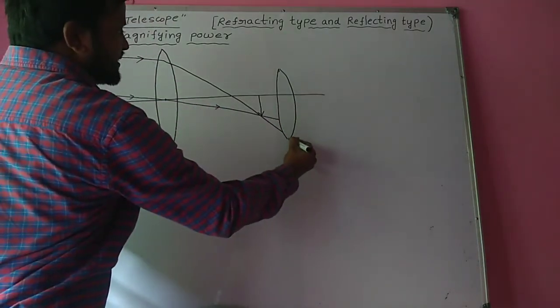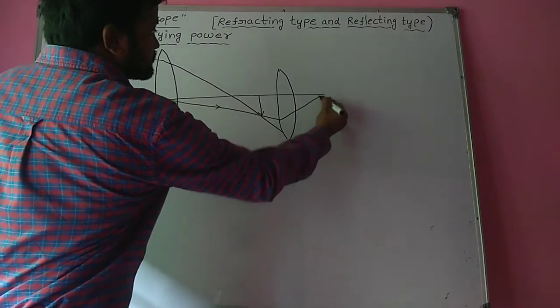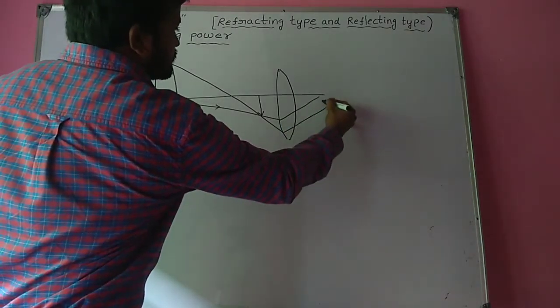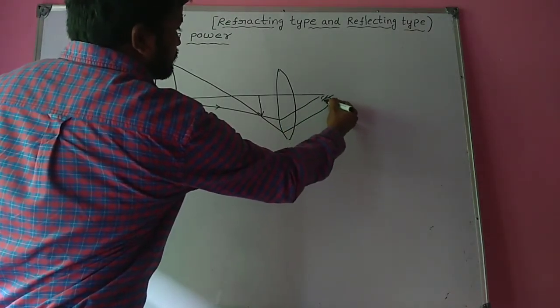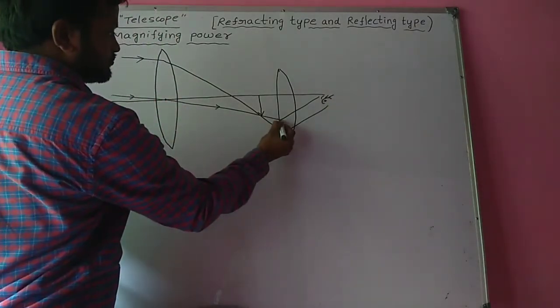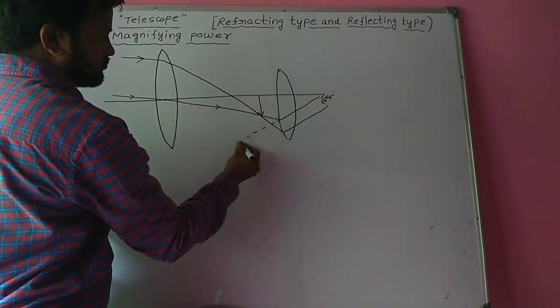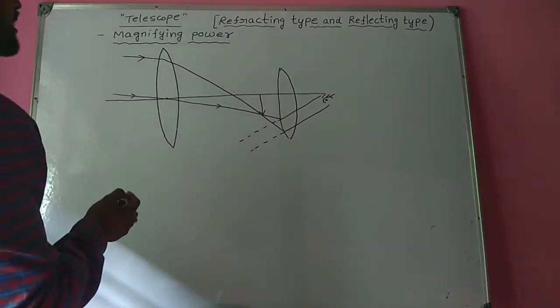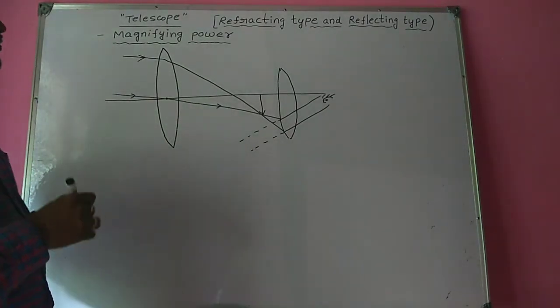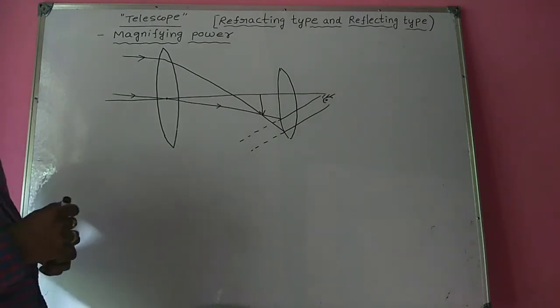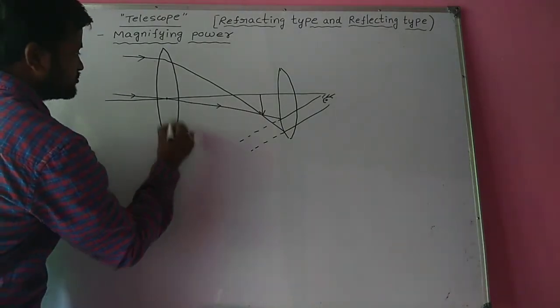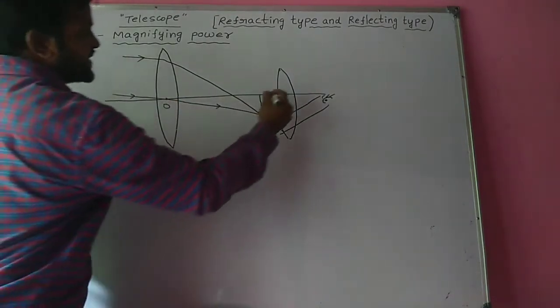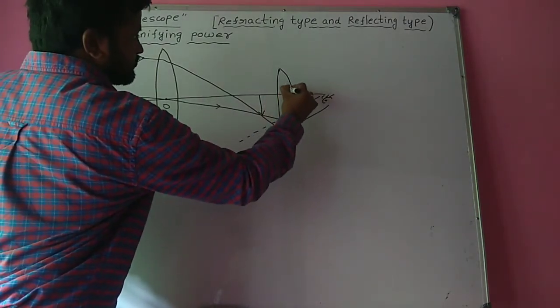This is the eyepiece. This is the ray diagram of a telescope. Now this is the objective denoted by O and this is the eyepiece.